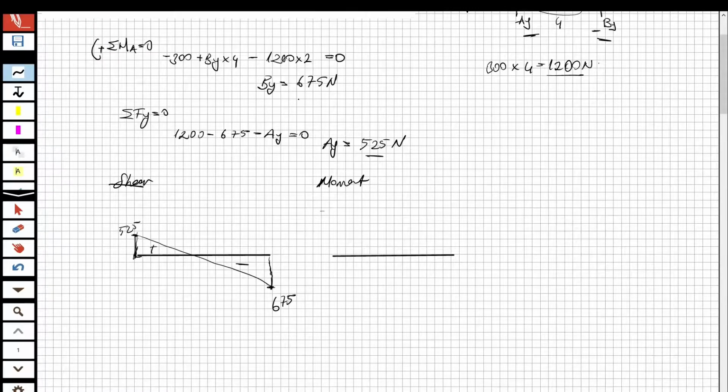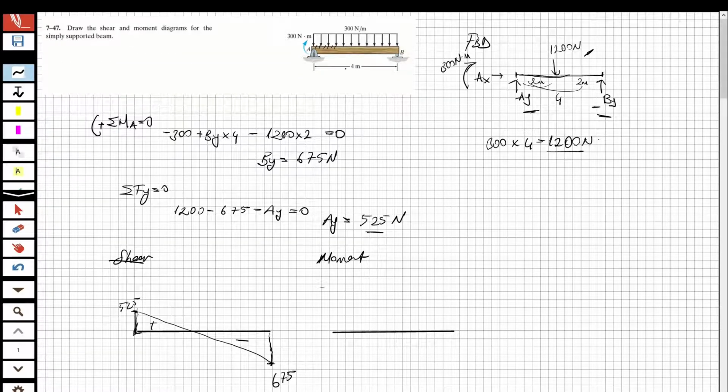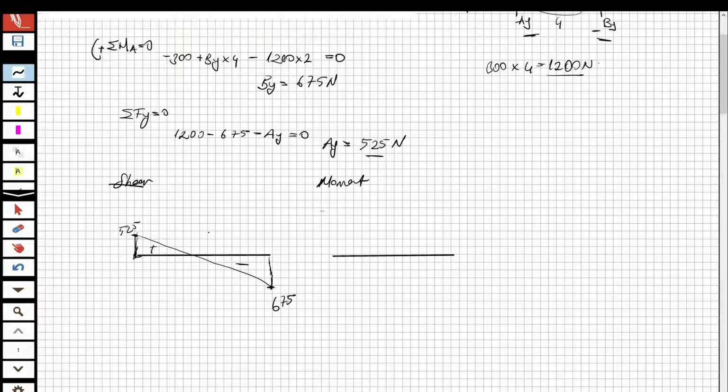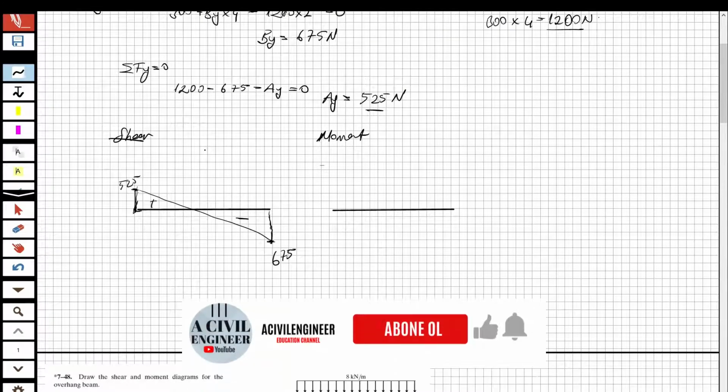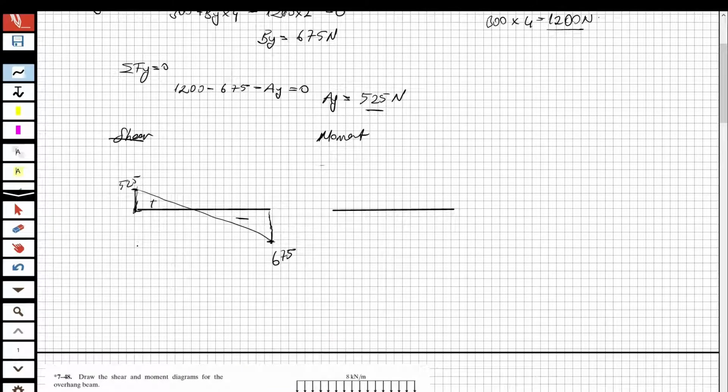If it is a distributed load, like now you can see in the question, it's going to decrease as a triangular; the shape of the shear diagram is going to be triangular. But if it is a point load, it's going to be rectangular. For this question it is a distributed load, so the shape will be triangular.